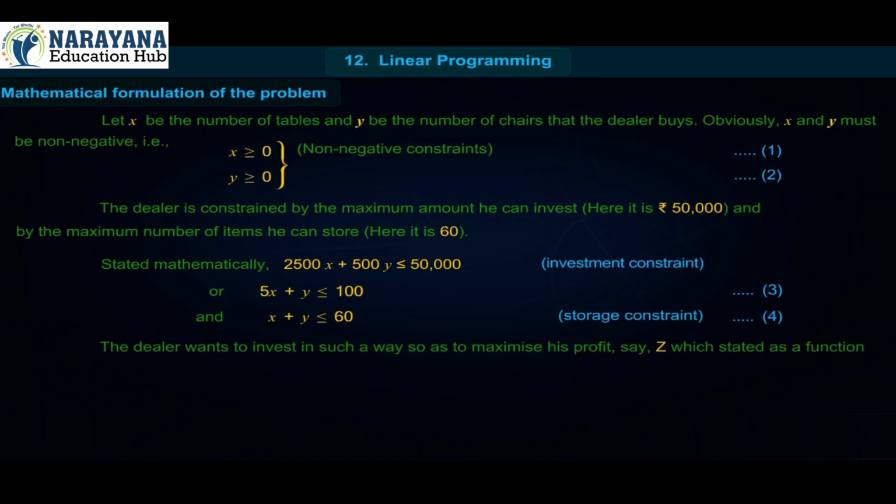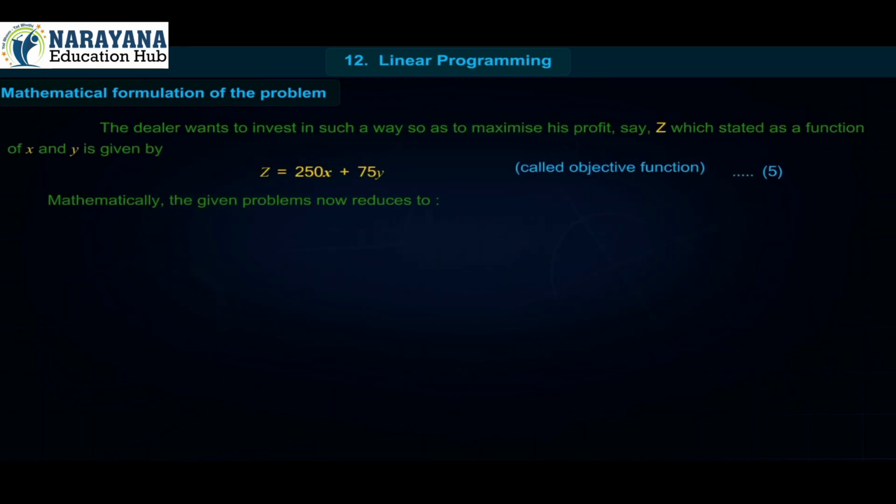The dealer wants to invest in such a way as to maximize his profit, say z, which, stated as a function of x and y, is given by z equals 250x plus 75y, called the objective function, equation 5.